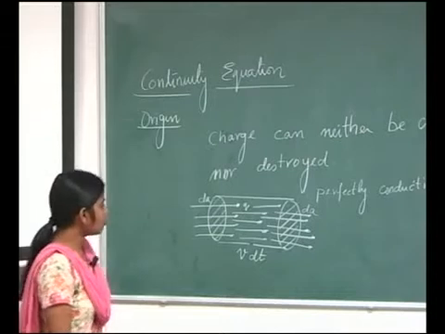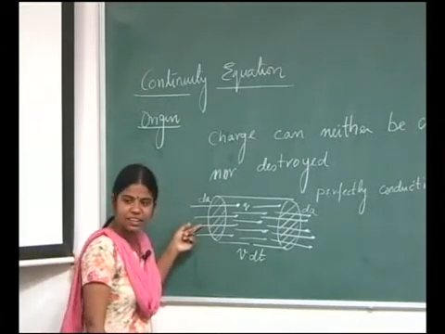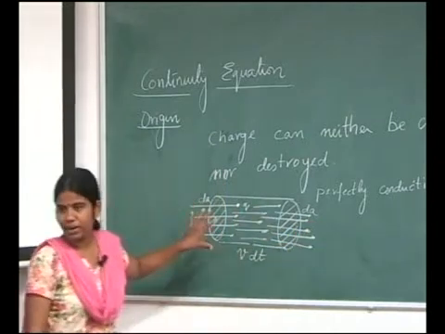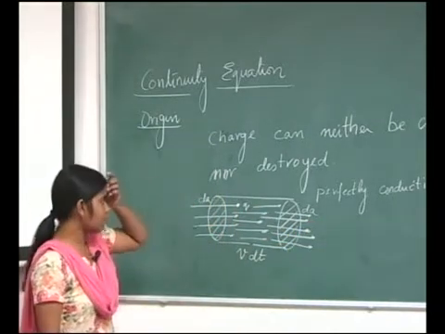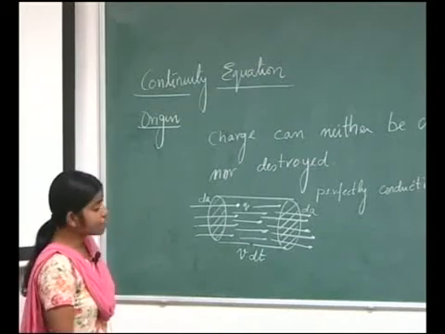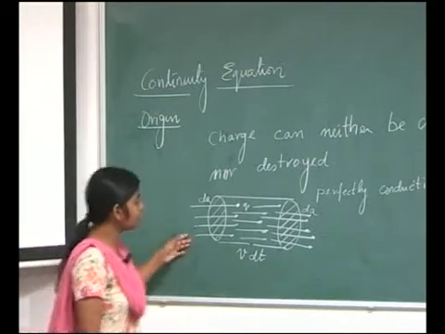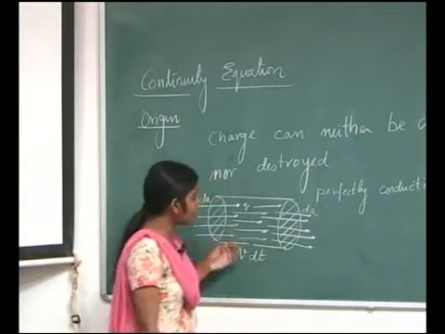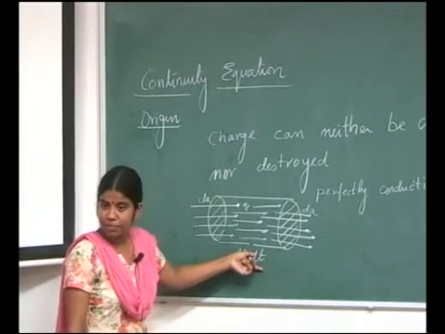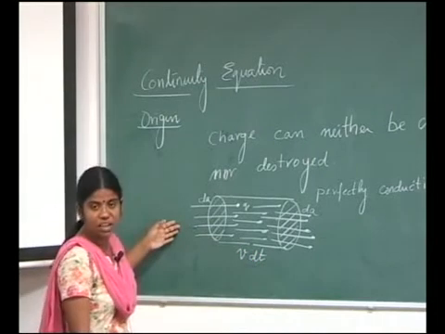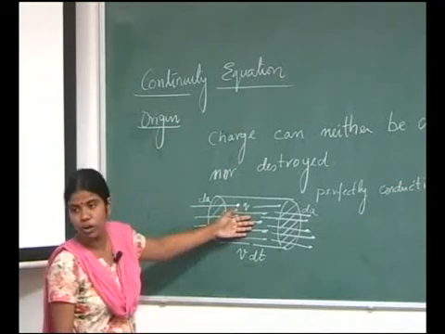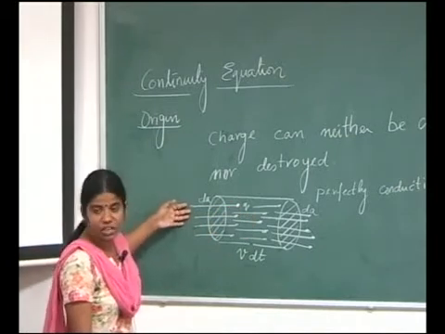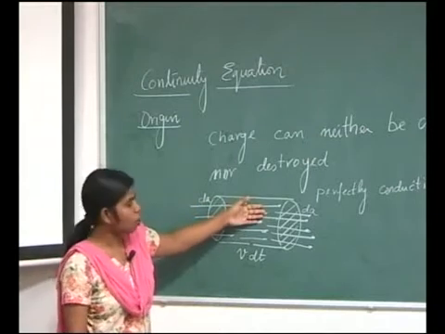So, all the charge carriers that are entering will come out after dt time; there will be nothing inside. All of them will come outside. Now, I can calculate the current coming out of this surface. The current will be equal to the total charge entering this volume per unit time.